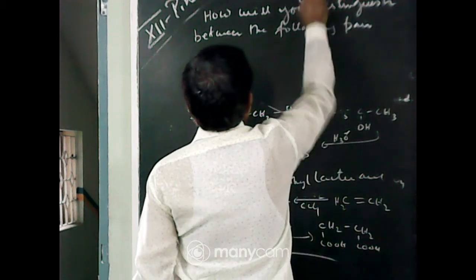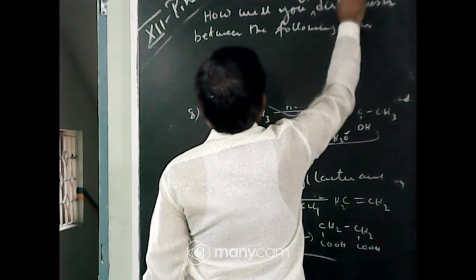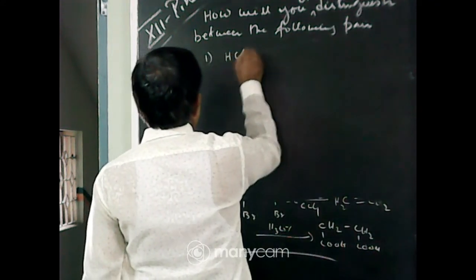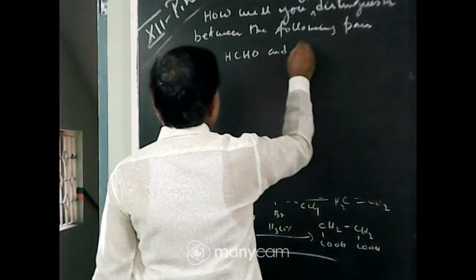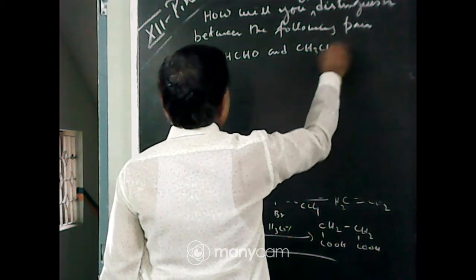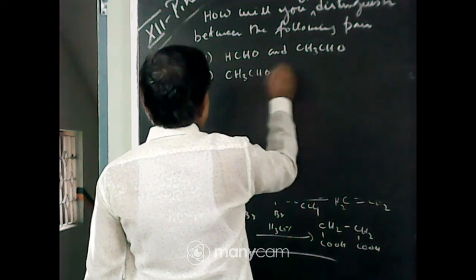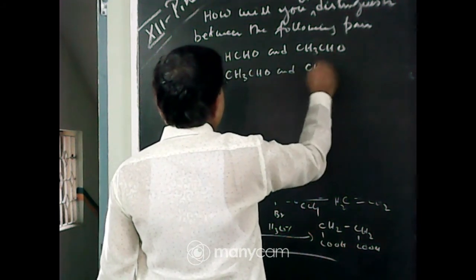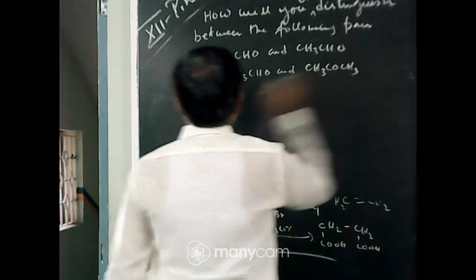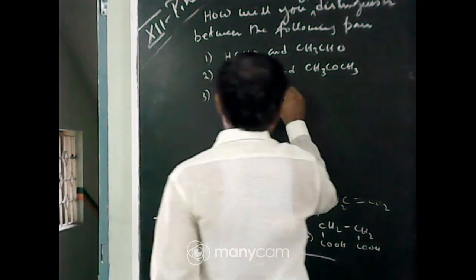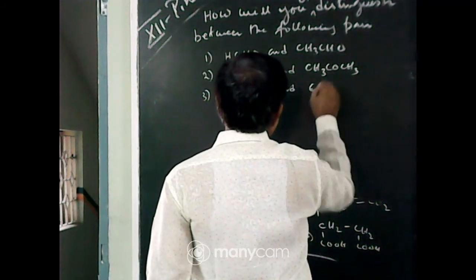Number 1, formaldehyde and acetaldehyde. Number 2, acetaldehyde and acetone. Number 3, acetaldehyde and acetic acid.